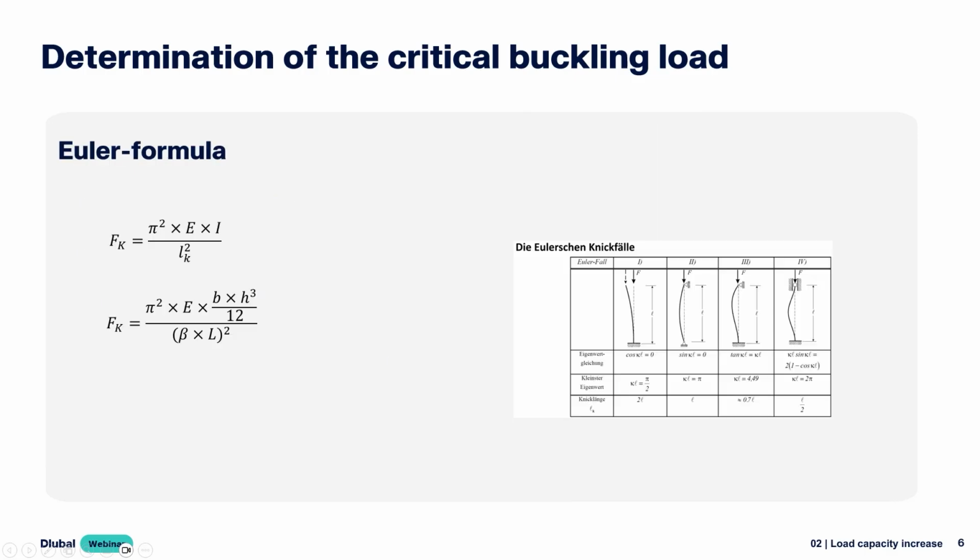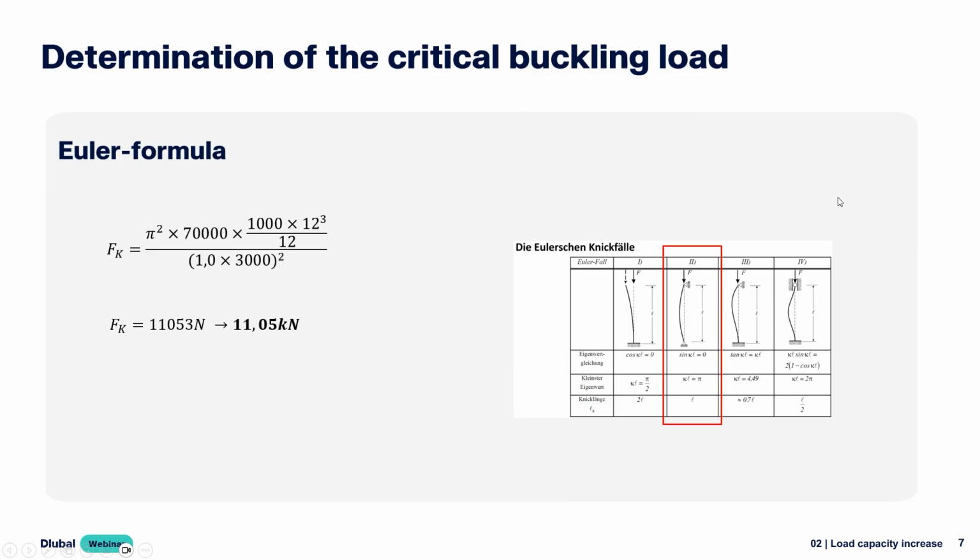When we take a look at the formulas, we can use the Euler formula. It's called Fk equals pi squared multiplied with the E module and the moment of inertia, divided by the buckling length squared. The buckling length in our case is a pendulum, it's case 2, where the buckling length equals the length of the system.